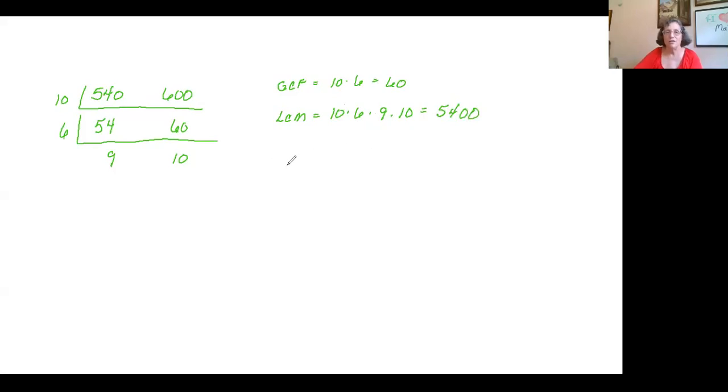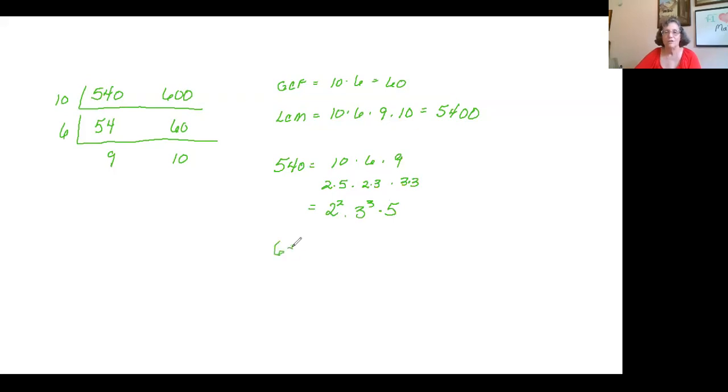The factorizations. 540 is 10 times 6 times 9, which should be 2 times 5 times 2 times 3 times 3 times 3, which should be 2 squared times 3 cubed times 5.